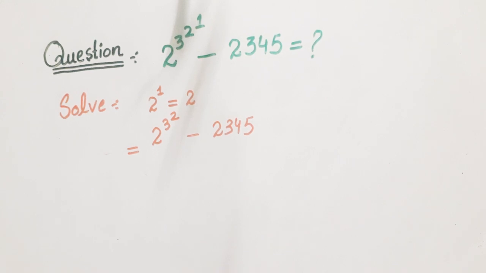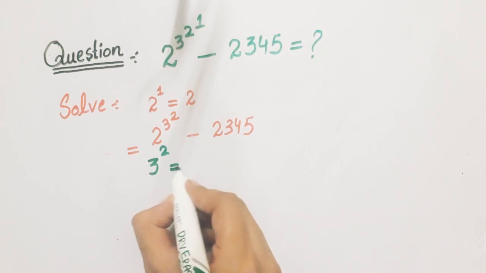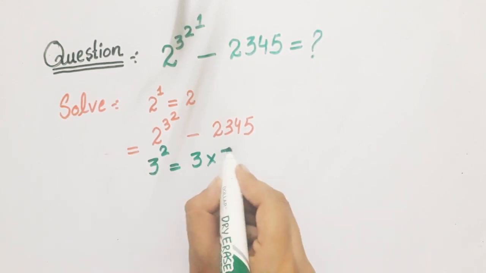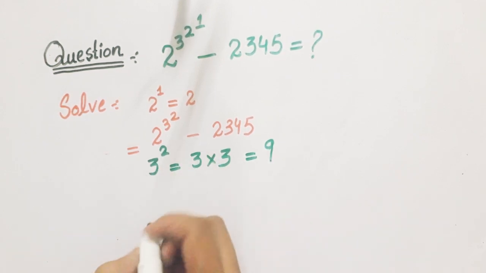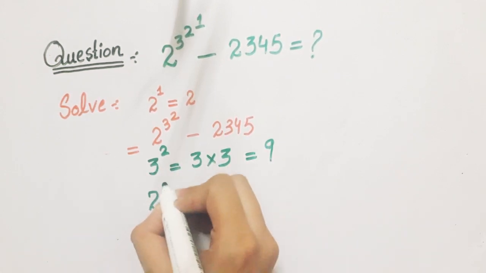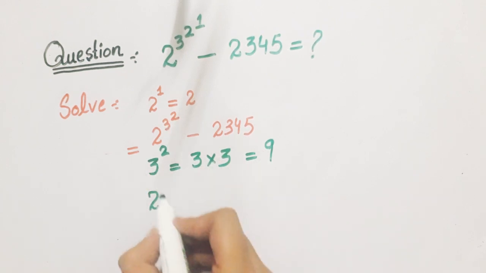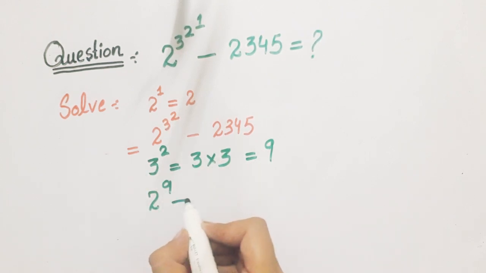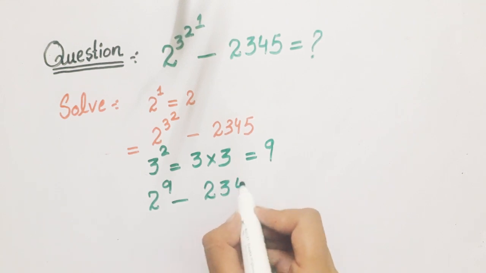Now in the next step we have 3 raised to power 2. So 3 raised to power 2 means 3 multiplied by 3, 2 times, that equals 9. So 2 raised to power 3 raised to power 2 can be written as 9. So 2 raised to power 9, minus 2345.